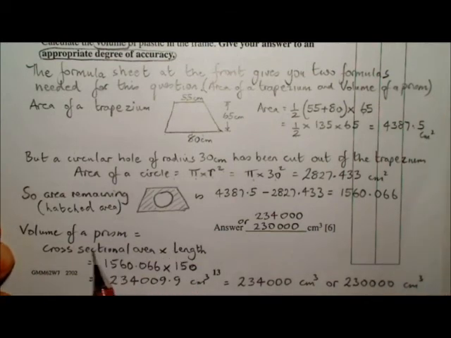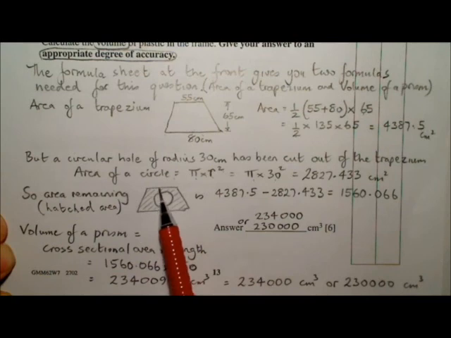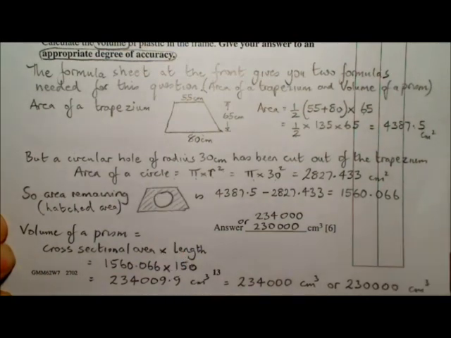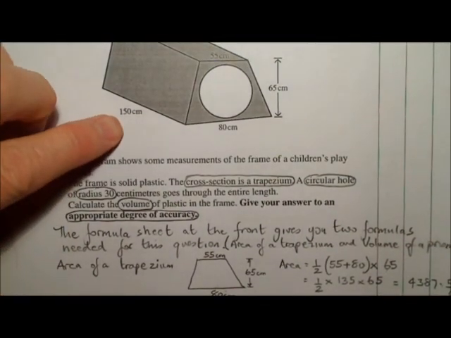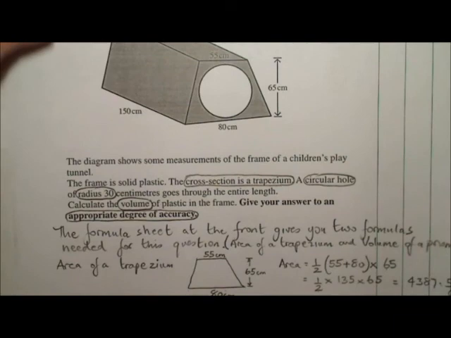Now we're ready to find the volume. Again, our formula on the formula sheet said it's the cross sectional area, that's this hatched area here, multiplied by the length of the play frame. And if you refer back, the length of the play frame was 150 centimeters.